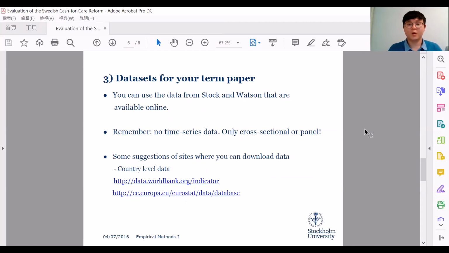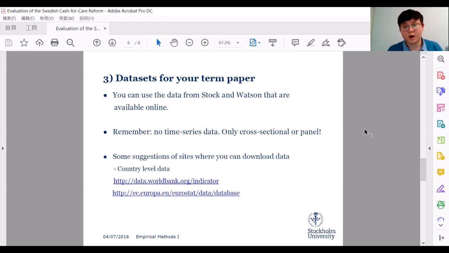So where can you find a data set? First, you can use the data from Stock and Watson. Remember, we don't teach time series data in this course, so you can only use cross-sectional or panel data. And below are some suggestions of sites where you can download data.